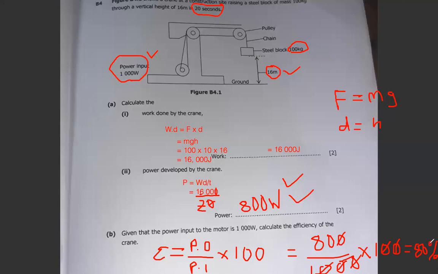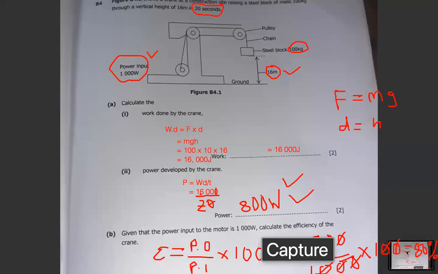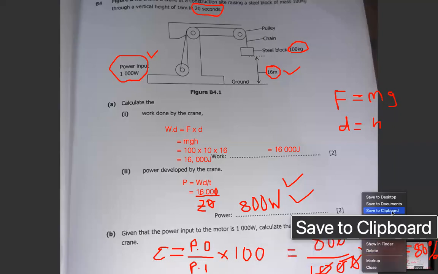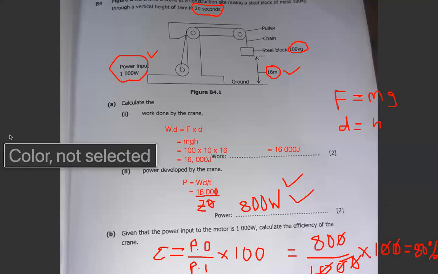That means when this machine was doing the work, 80% of the total energy applied was used to do work, and 20% of the energy applied had gone into wastage. Now, where did this energy go? That's the question that one might want to know. This energy wastage, 20%, had been wasted through possible sources.